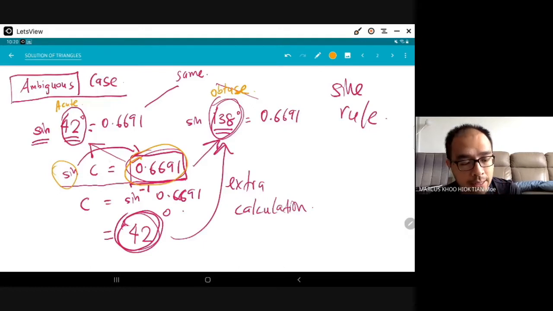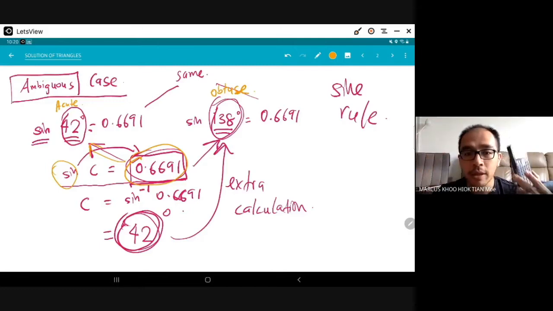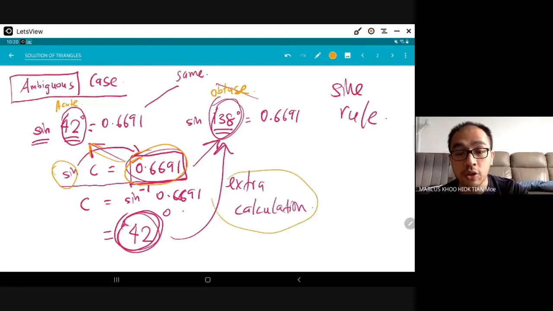The answer the calculator gives you is confirmed the acute angle, because the calculator is not as smart as a human being. So the calculator can only tell you the acute angle. It cannot tell you the obtuse angle. There is an extra calculation that you need to do to find the obtuse angle.